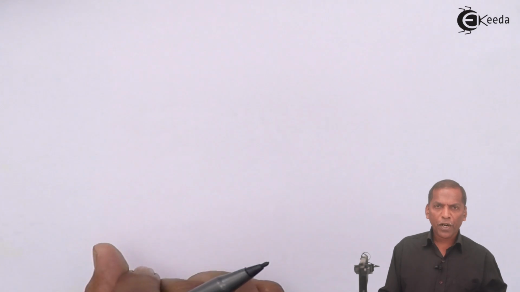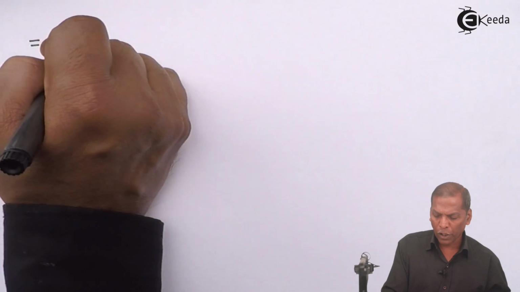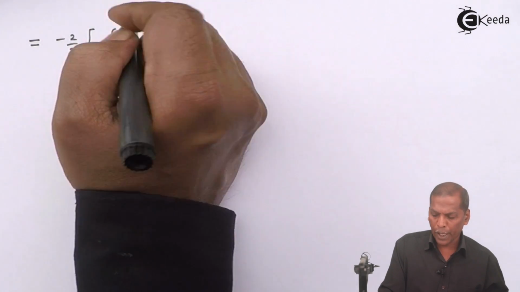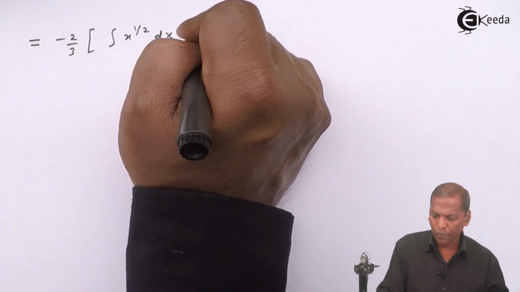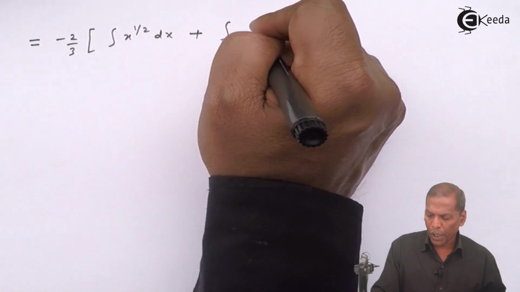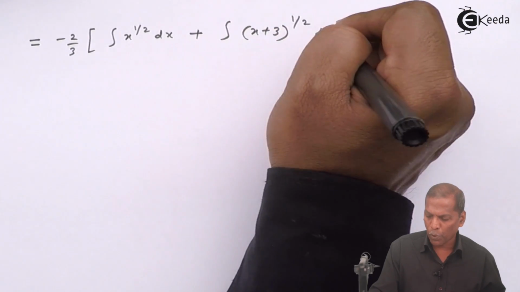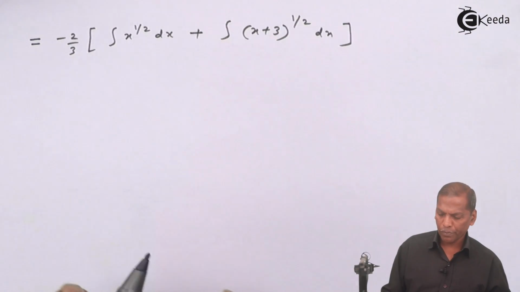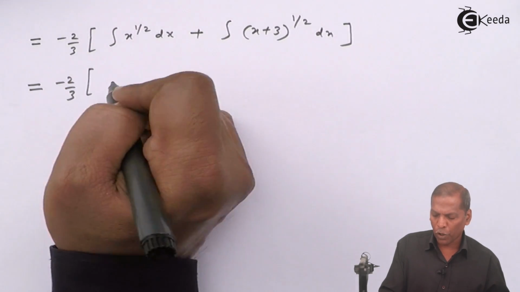So on simplifying further, we get equal to minus 2 by 3, we write as it is. Then integral root x means x raised to 1 by 2 dx plus integral root x plus 3 means x plus 3 raised to 1 by 2 dx, and finally the square bracket complete, equal to minus 2 upon 3.